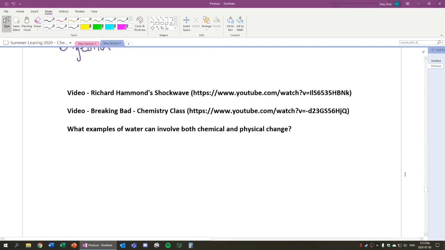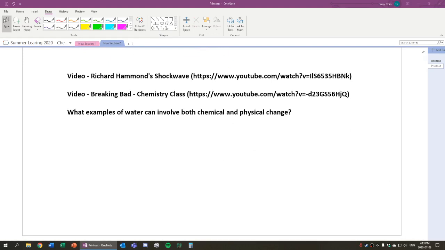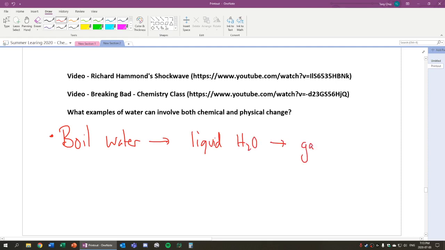So when we talk about water, water can be involved. So physical and chemical change could involve any chemical. It could also involve a single chemical together. So here's an example of when water is undergoing physical and chemical change. So when you boil water, you're going to turn liquid H2O to gaseous H2O. This is an example of a physical change.